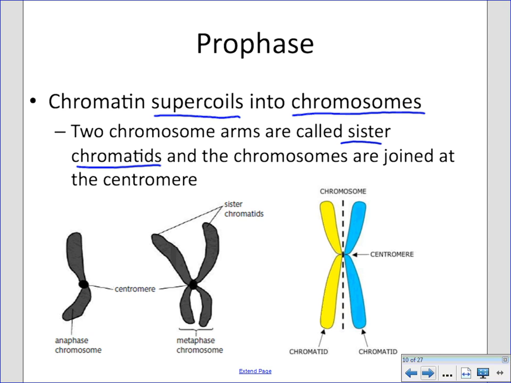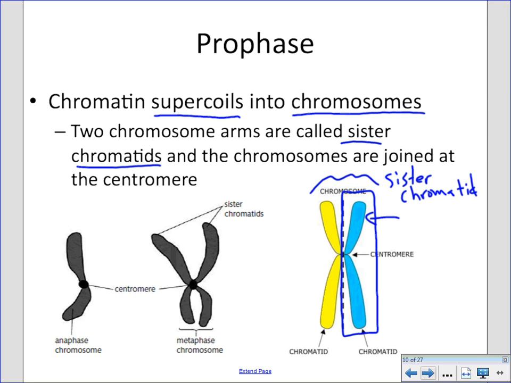When we say chromosome arm, if we look at the diagram that I just pointed to, a chromosome arm would essentially be what I've outlined in blue. So one half of that chromosome would be considered a chromosome arm, and then the two arms together would be referred to as a sister chromatid.